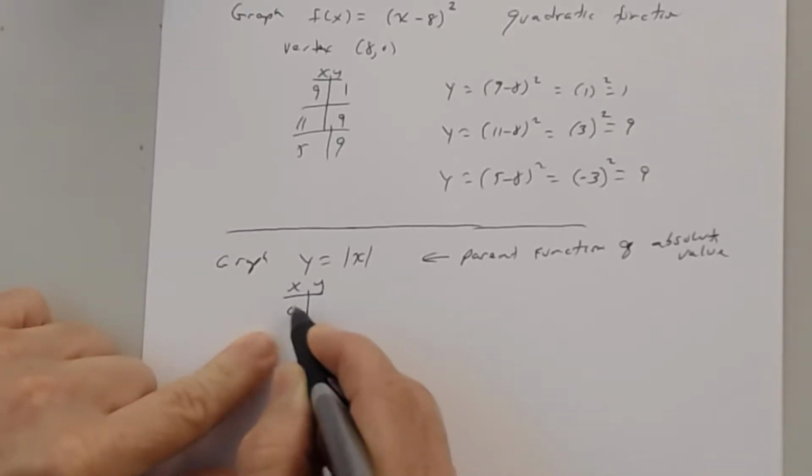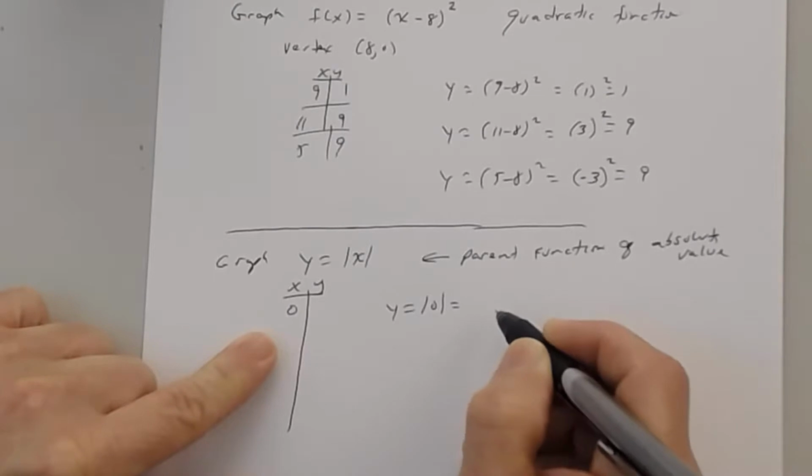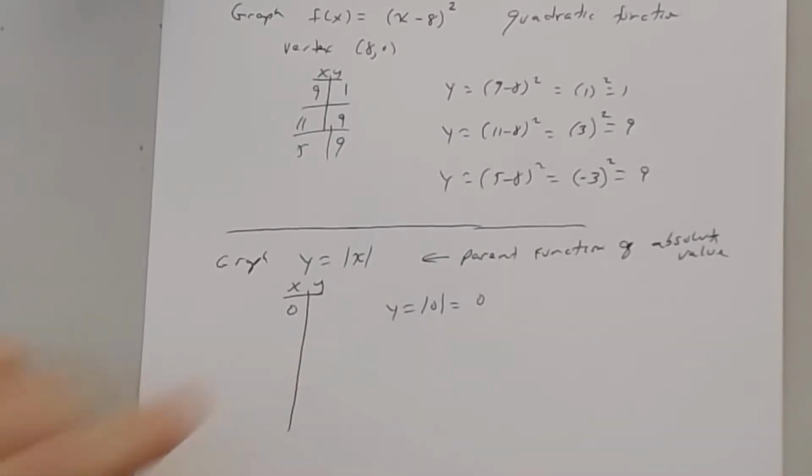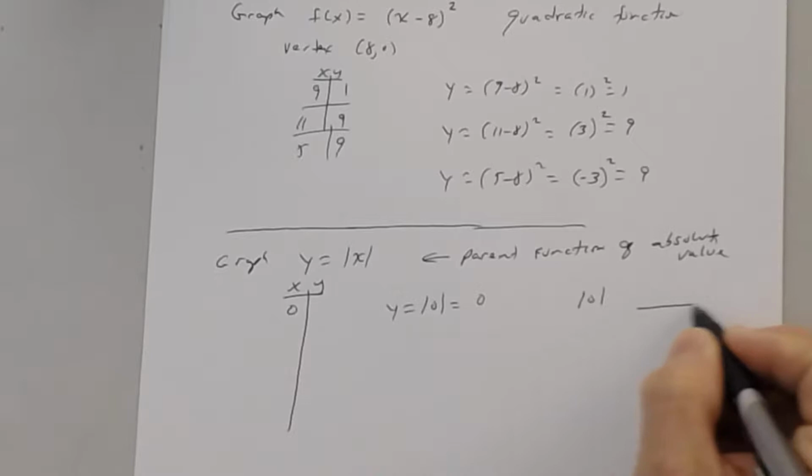So if x is 0, I get y equals absolute value of 0. What's the absolute value of 0? 0. Remember, the absolute value of a number measures the distance that a number is from 0.